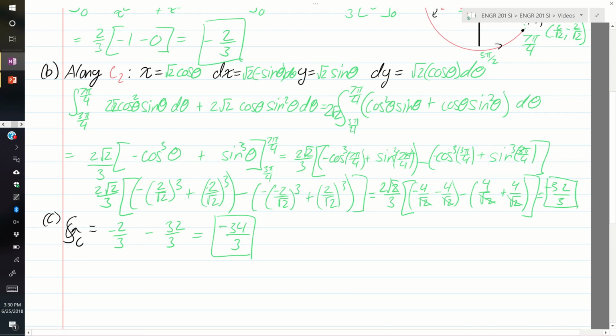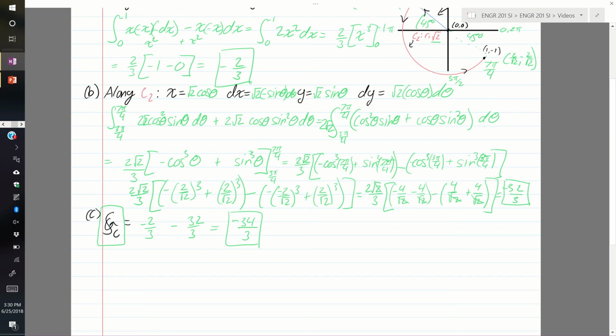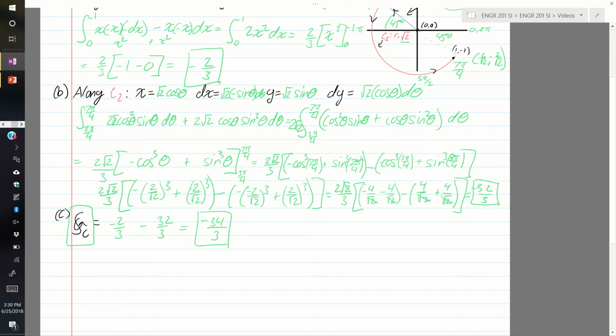So then I'm able to say the whole pathway for flux of C will equal the integral over C1 plus the integral over C2, to get negative 34 over 3 for flux. All right, that should be it.